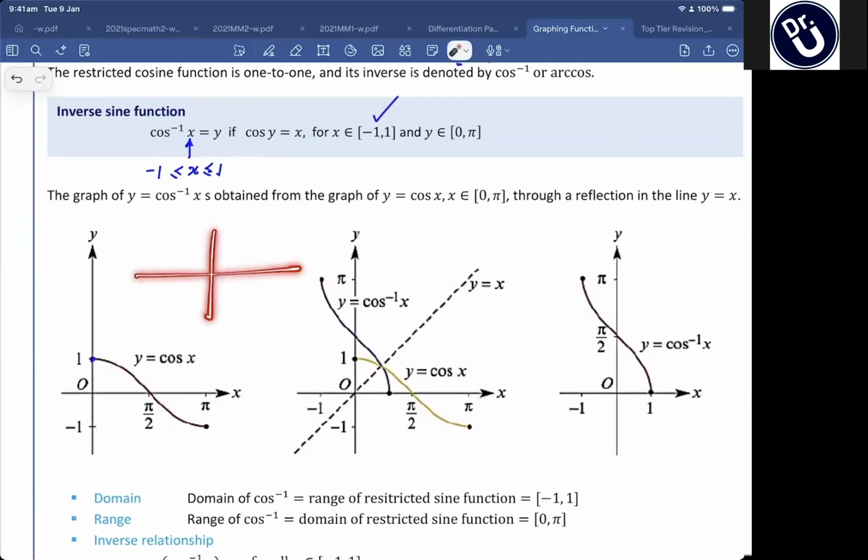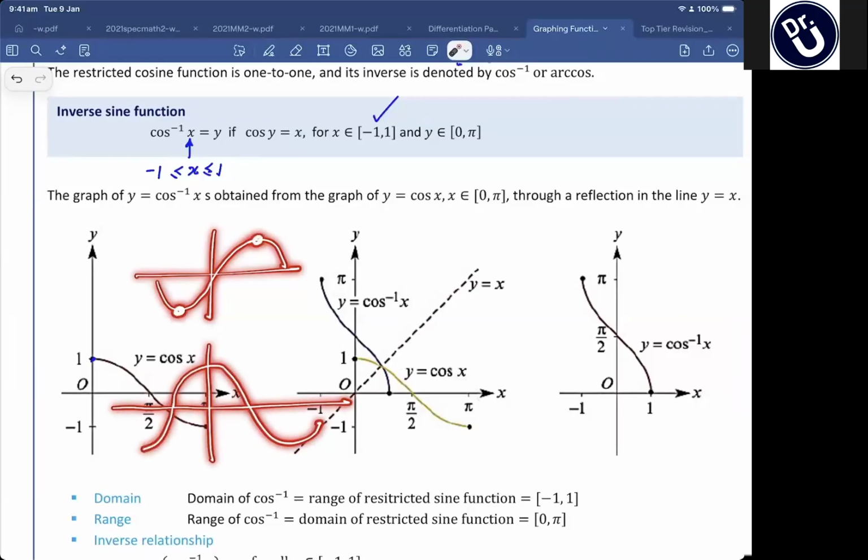So the sine graph was like this. So for sine we took from here to here. The cos graph looks like this, something like this. Why don't you take from maybe here to here, or why don't you take this part? So in sine you took this part, which is the left side. Why are you taking this, which is from here? The reason is one to one.